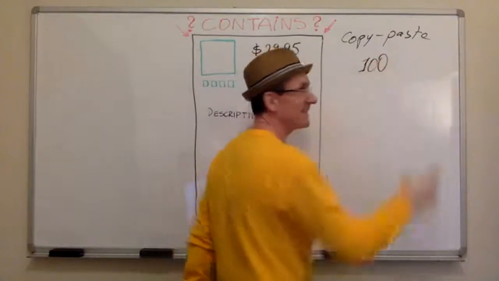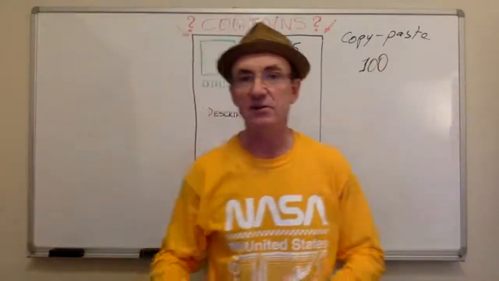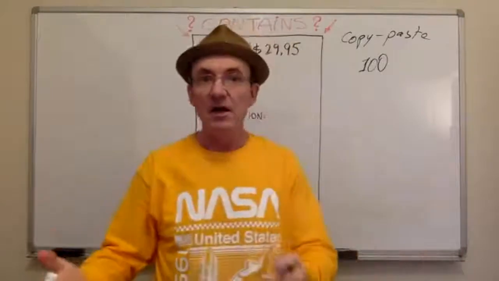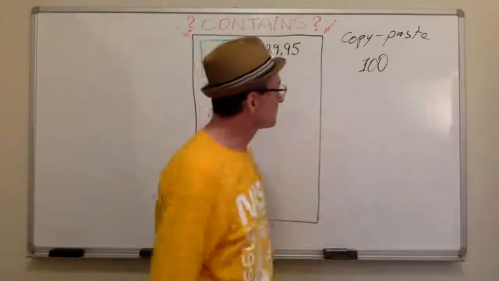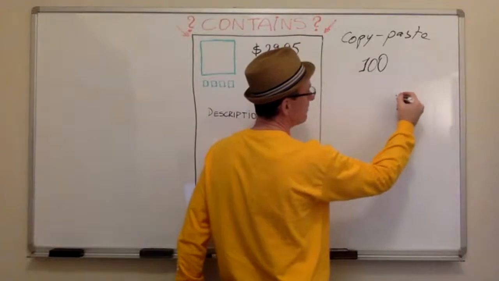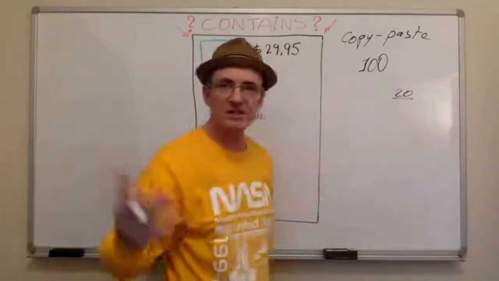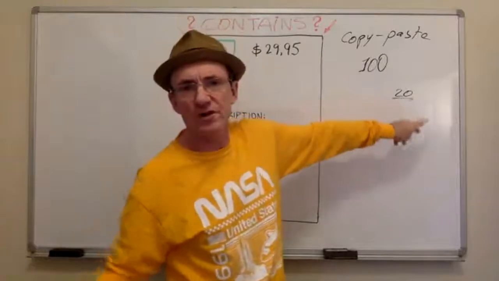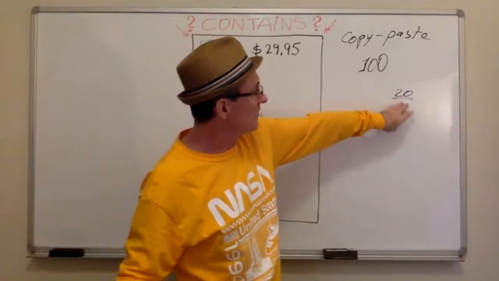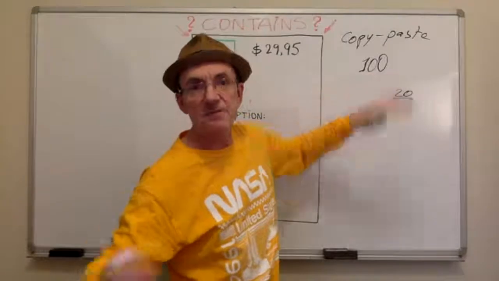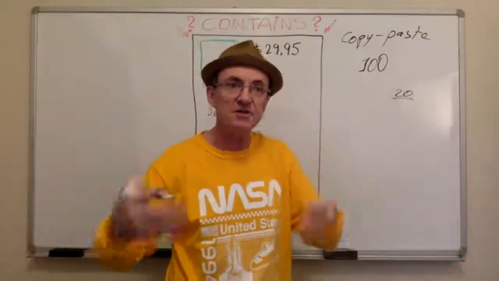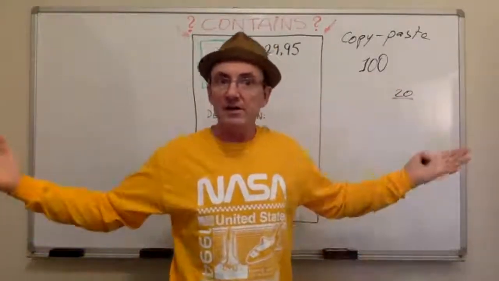Out of those 100, maybe monthly you sell 20 listings. You may have 40, 50 sales, but only 20 items sold. 80 items are still not selling. They are just there, right?